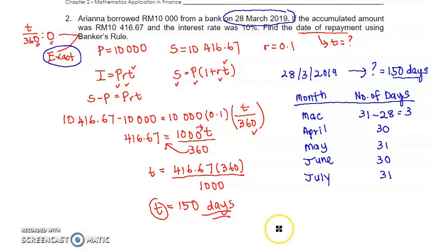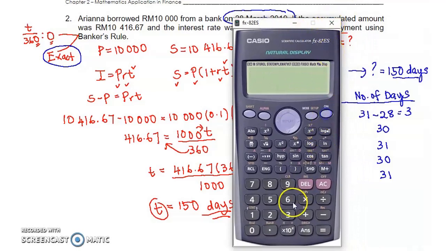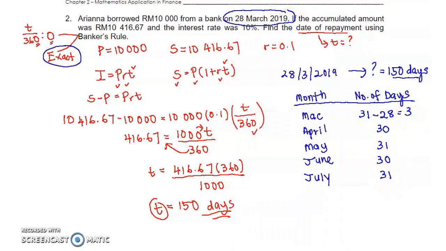Let's total up: 3 plus 30 plus 31 plus 30 plus 31. This is already 125 days. From March until 31st July is already 125 days.